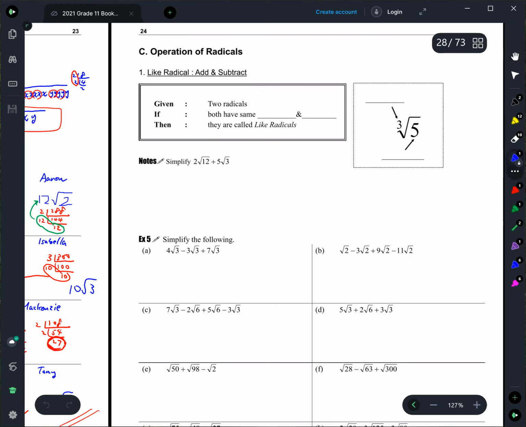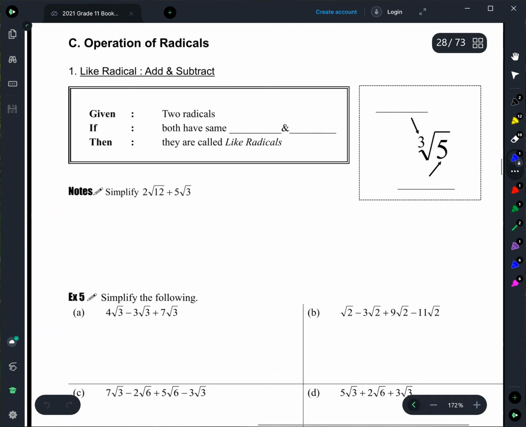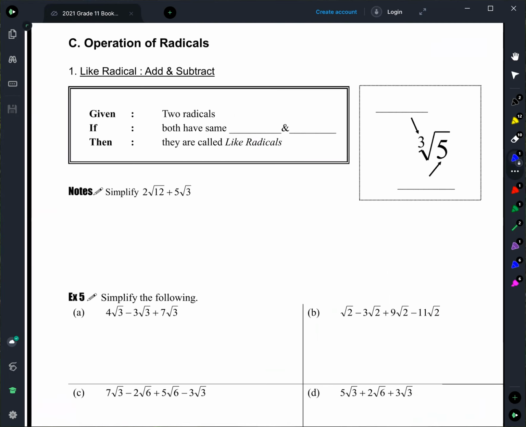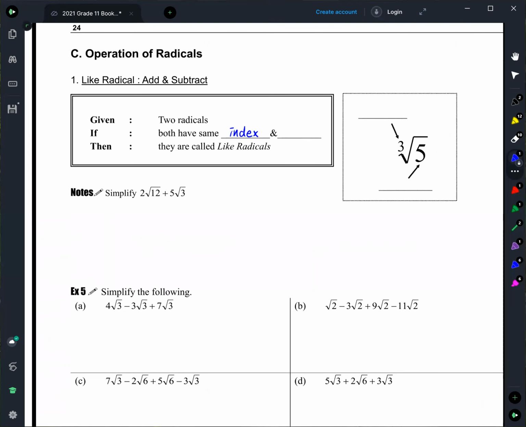First of all, you can only combine the radicals if they are alike. You can only add or subtract radicals if they are like radicals. If they both have the same index, index means the small number on the outside. For example, in the cube root of 5, the 3 is called the index.